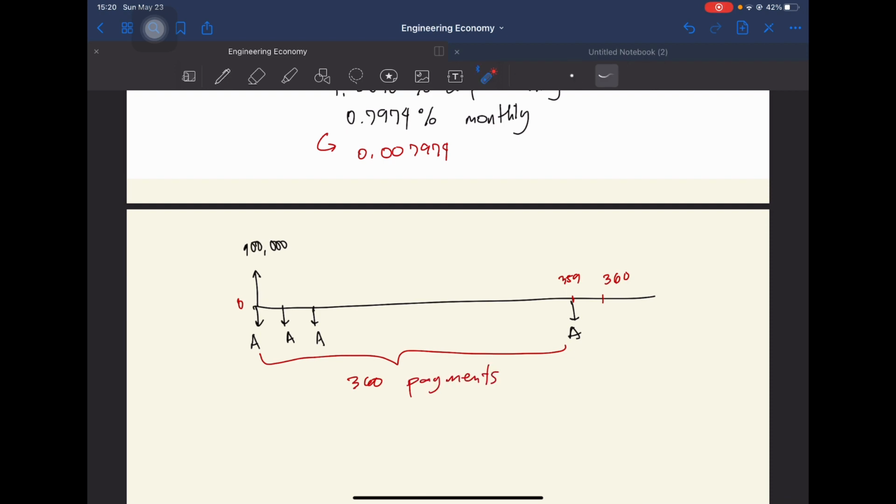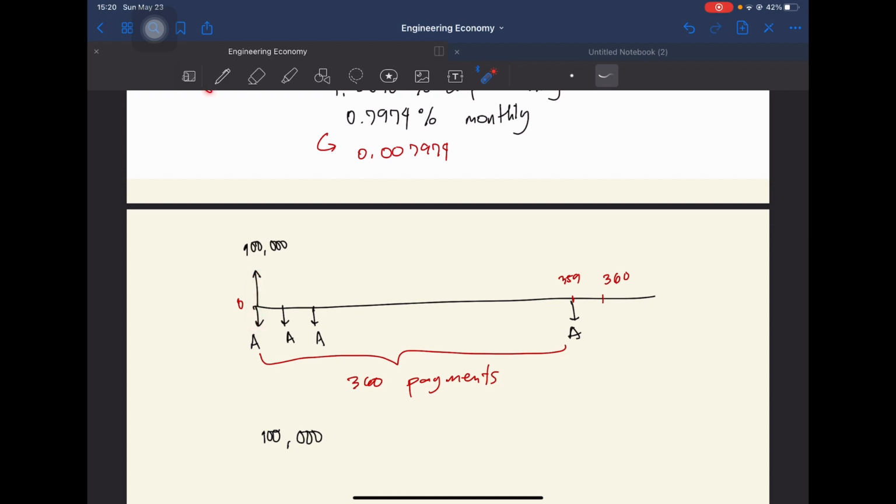If we use the ordinary annuity formula, we only capture the 359 payments. So we can subtract A and move it to the 100,000. If we simplify what is at the very start, that's 100,000 minus A. You can do that directly since they coincide in time on our cash flow diagram.